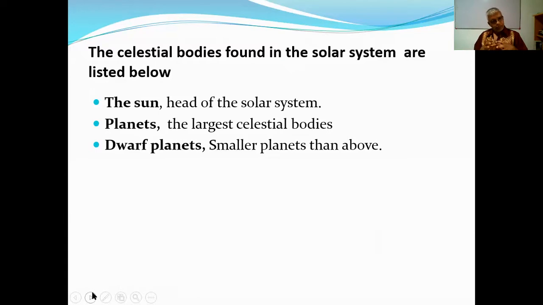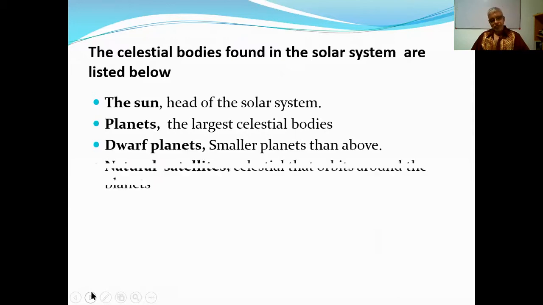Therefore, scientists have classified them as a separate class, dwarf planets. They are smaller than the other planets and they don't possess some common features that can be seen among other planets. Therefore, they are known as dwarf planets.